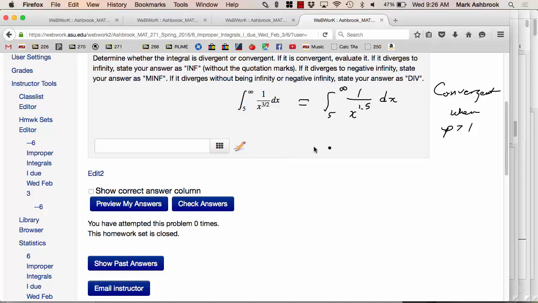We're going to do this antiderivative, which is x to the minus 3 halves. So we're going to have negative 2 x to the minus 1 half as the antiderivative, which is negative 2 over square root of x.